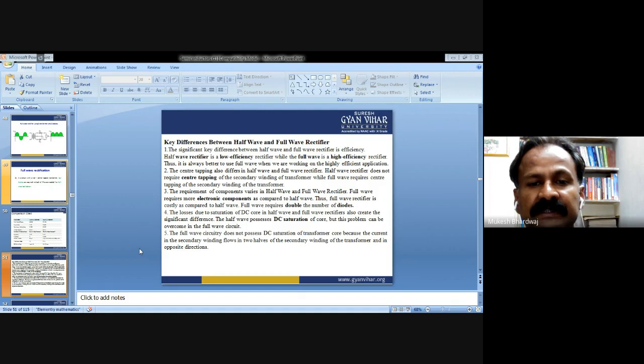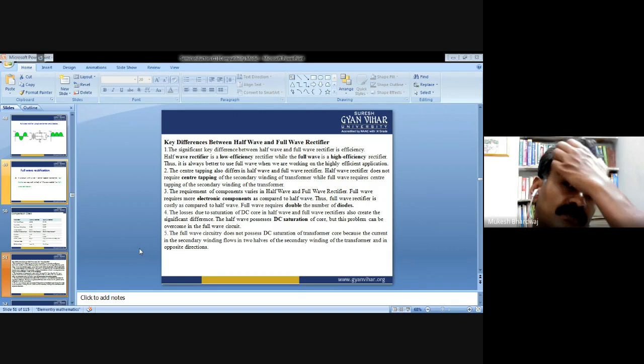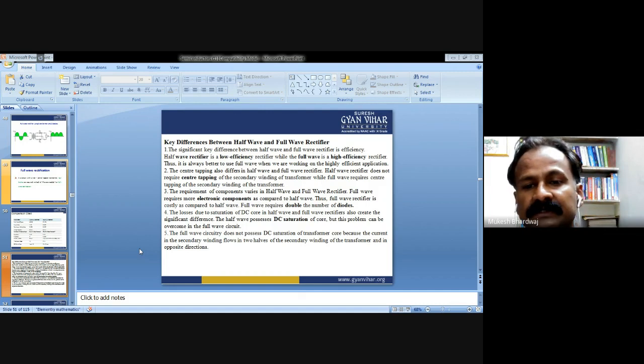Third difference is the requirement of components. Full wave rectifier requires more electronic components as compared to half wave. Thus, full wave rectifier is costly as compared to half wave. Full wave requires double the number of diodes. The losses due to DC saturation of the core also create a significant difference.